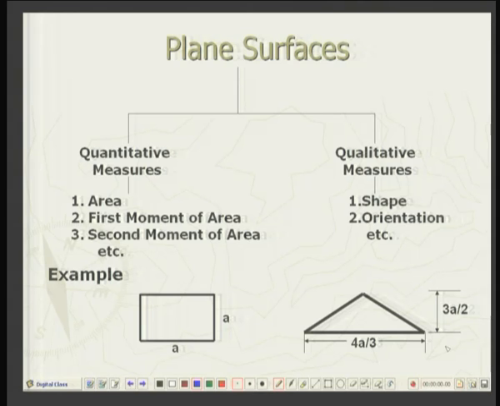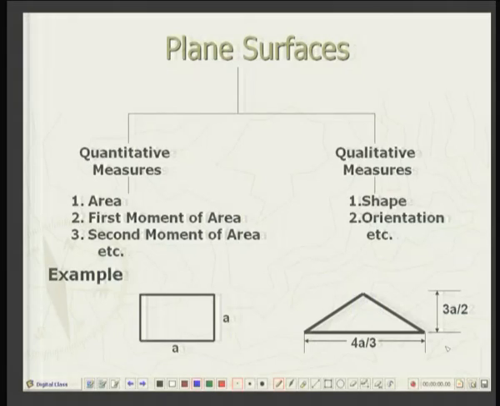Again, just like we can talk of a circular area or a triangular area, and to put it in a quantitative manner, different shapes or orientations, we can use or rather get some information by using first moment of area, second moment of area, etc.